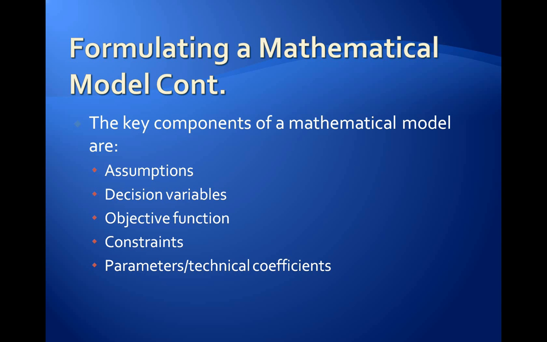Then there is always an objective function. In the business world, many times the objective is to maximize the bottom line, which is profit. Many times we come across situations in which the objective could be to minimize the time to travel from place X to place Y, or minimize the project time, if you are involved with project management.